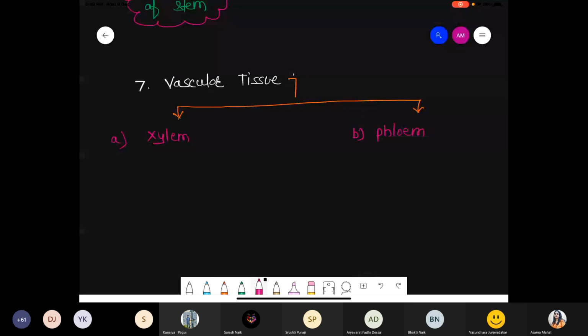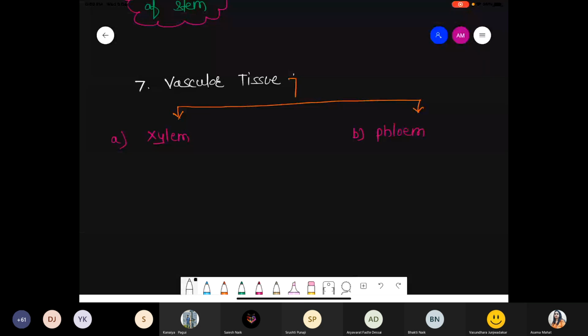So now we are talking about some cells which are associated with the gymnospermic plant. Chalo. So we discuss further types of xylem and types of the phloem. In anatomy chapter we discussed in detail, but right now here we are talking about xylem. It is a one tissue, and under the xylem different types of cells work together, and when they work together they follow one function, that is water conduction.